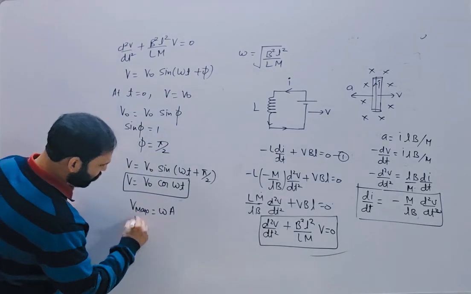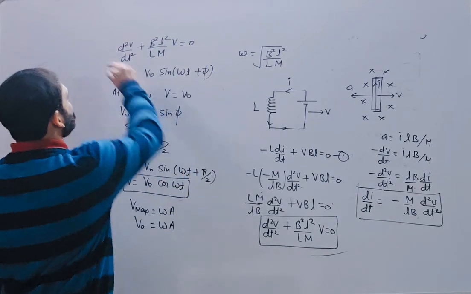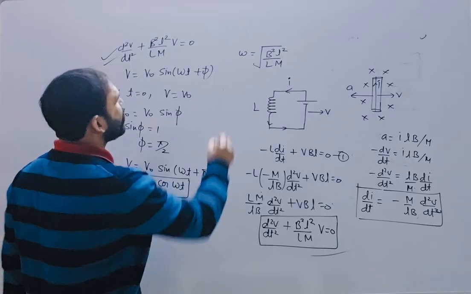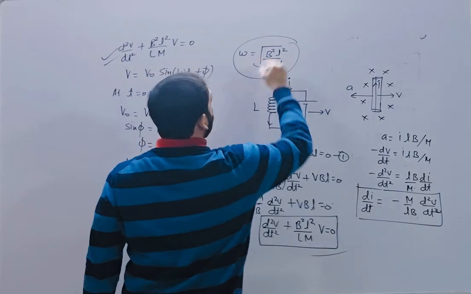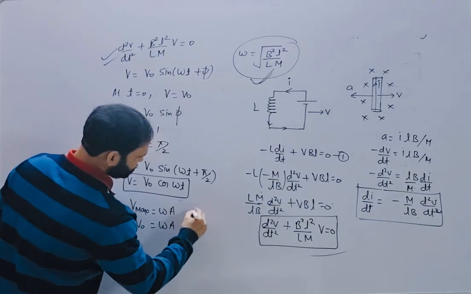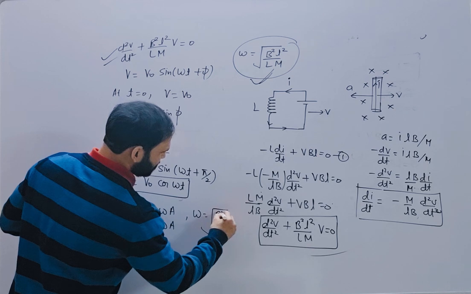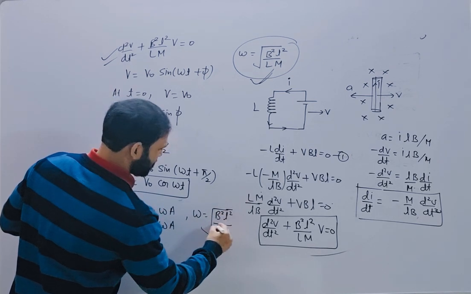So v naught is equal to omega A. Then what is the value of omega? We already found it in this equation: omega is equal to root of B square L square divided by Lm.